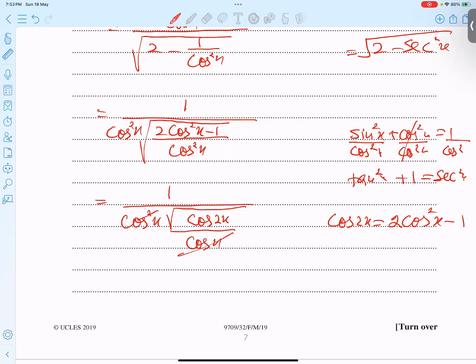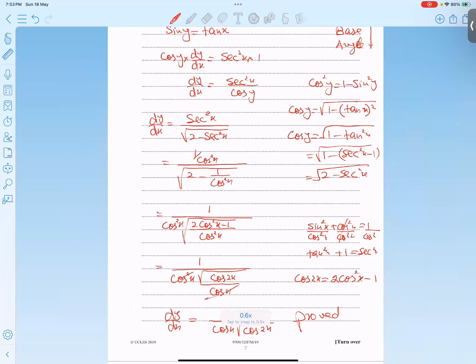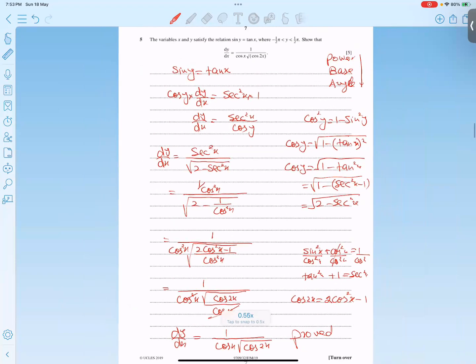It will cancel this, and I can say dy over dx is 1 over cos x in the root cos double x. And I hope so. Let me check again. Is it the same as he's demanding from us? Correct. So the target is achieved.